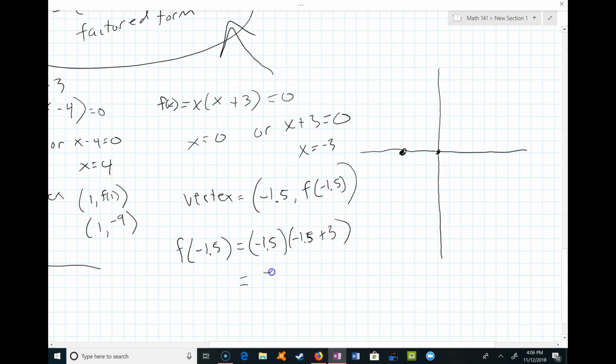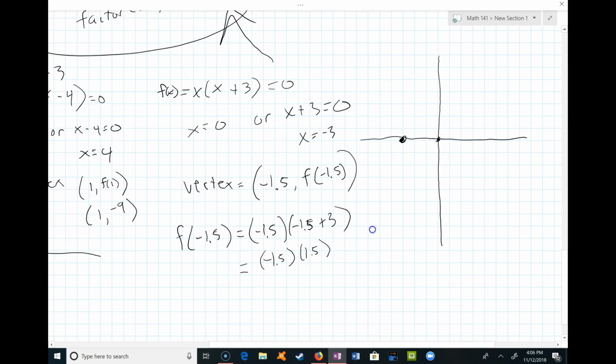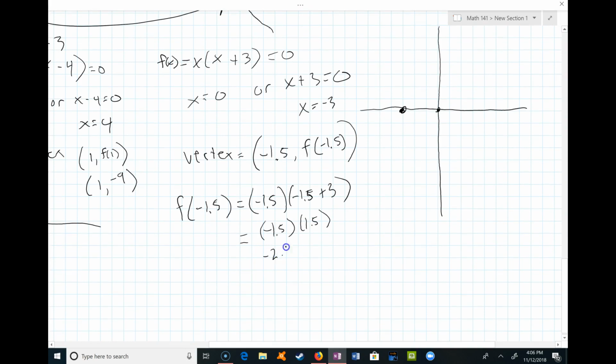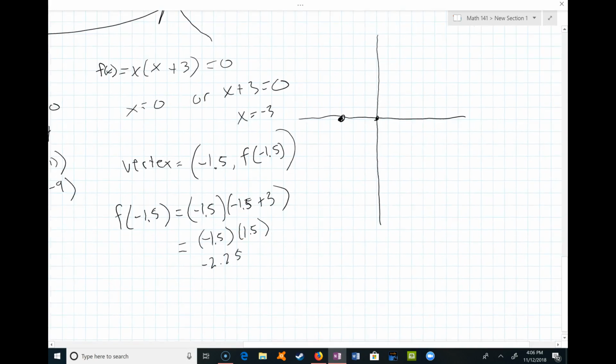And of course, that would be negative 1.5 times 1.5, which would be negative 2.25. So I'd go over here, and the vertex is on this line somewhere because it's halfway in between the 2 points. And I go down to negative 2.25, so it'd be right about there somewhere, and something like that. So again, I'm able to graph this without much trouble by finding the x-intercepts and then just finding halfway in between them.